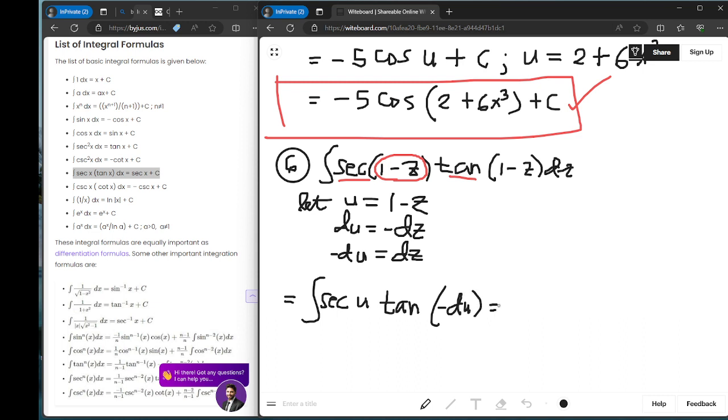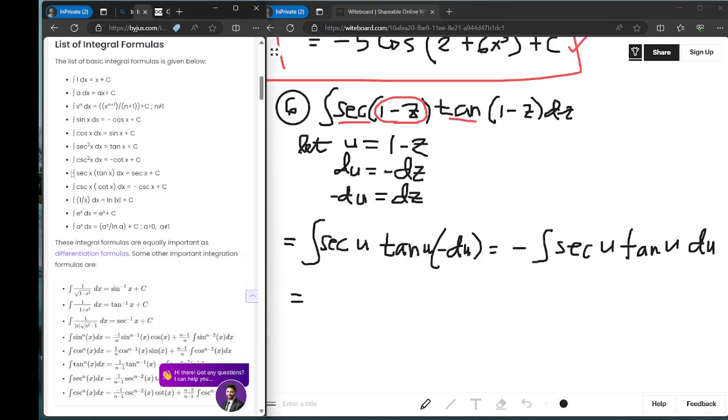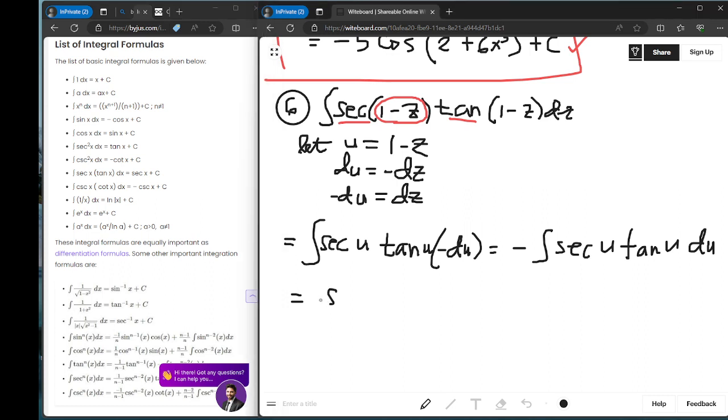We just have to move the negative sign outside the integral sign. So this will become secant of u tangent of u du. Then the integral of this, based on the formula, is secant of u. So this is now negative secant of u plus c.